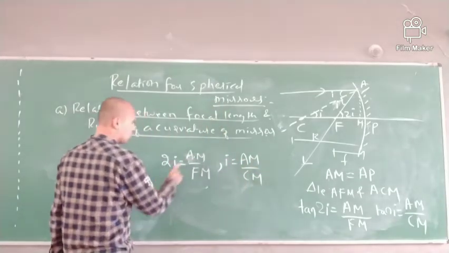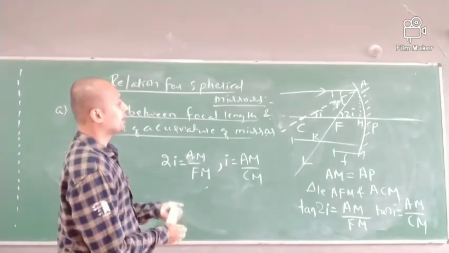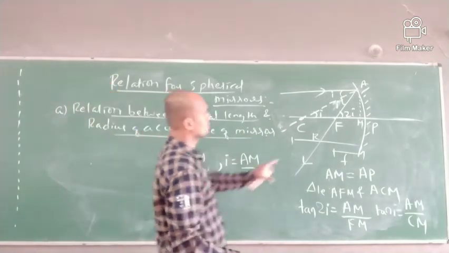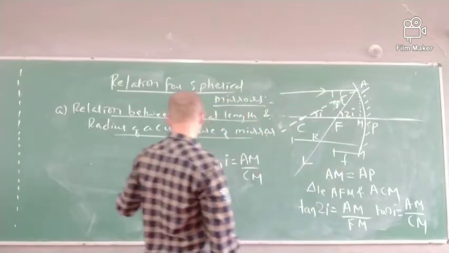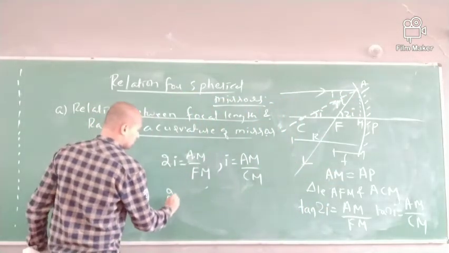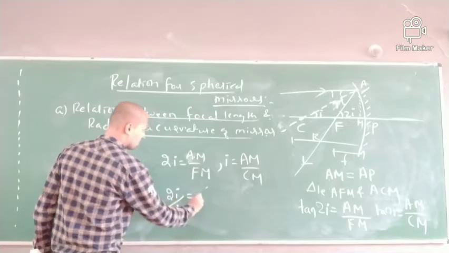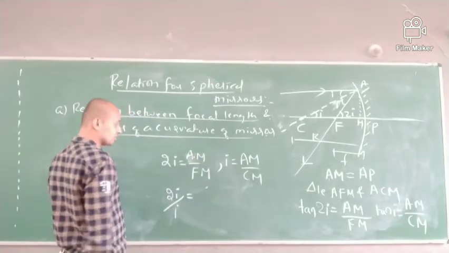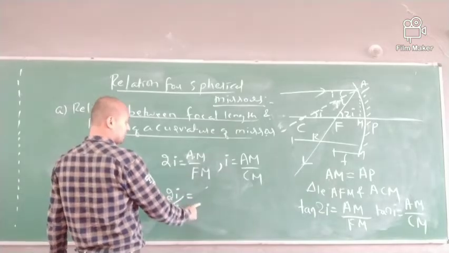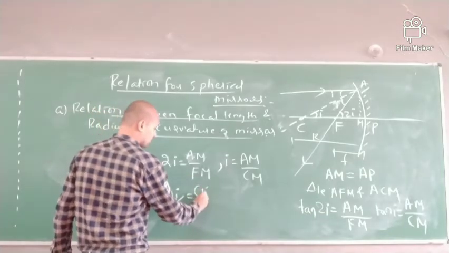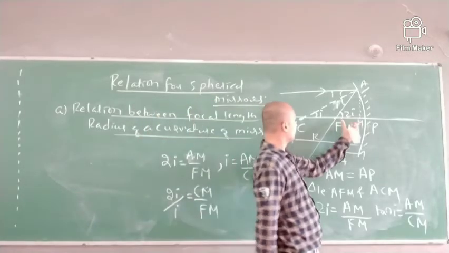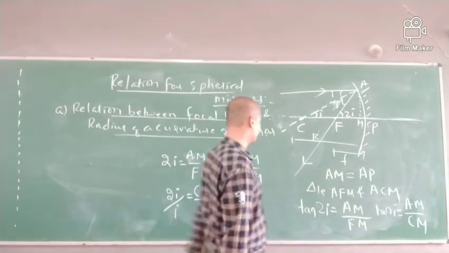Got it now? So what is AM by FM? If I divide them, 2I by I, AM and AM are getting cancelled. I will get the equation as 2 is equal to CM divided by FM. What is CM? What is FM?